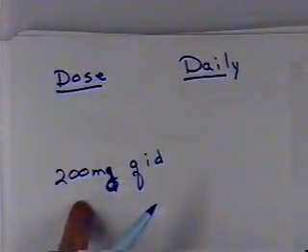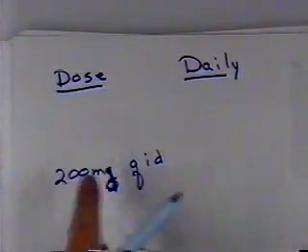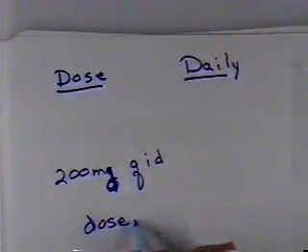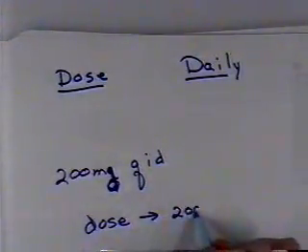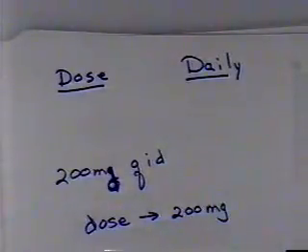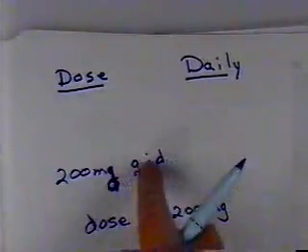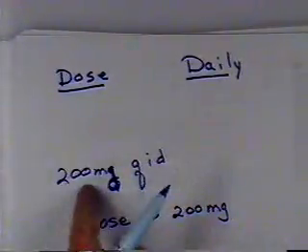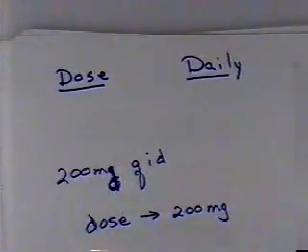This much is your dose. It says to give this much, we're just going to do it 4 times. So your dose is 200 milligrams. Some people see that QID and want to divide it by 4, but if you read what it says, give this much, but we're going to do it 4 times.